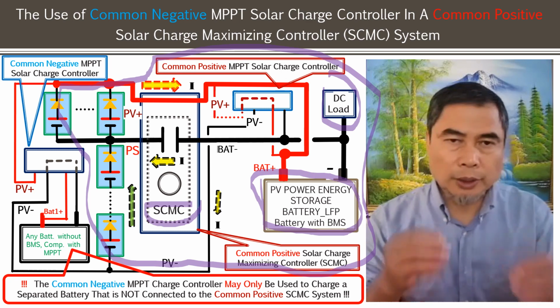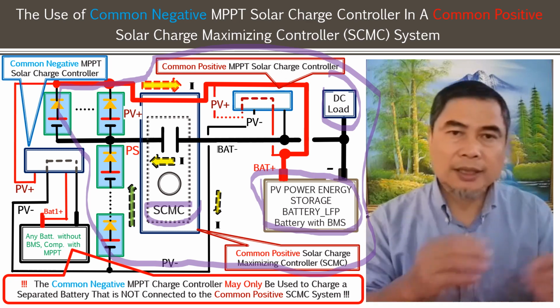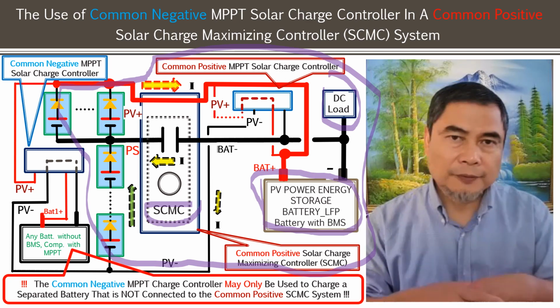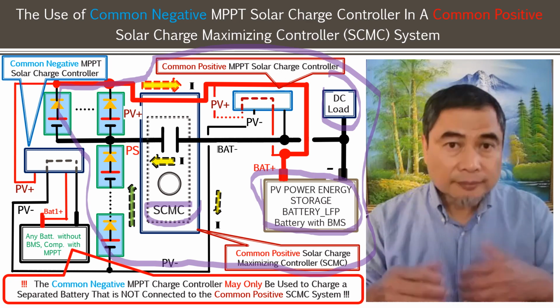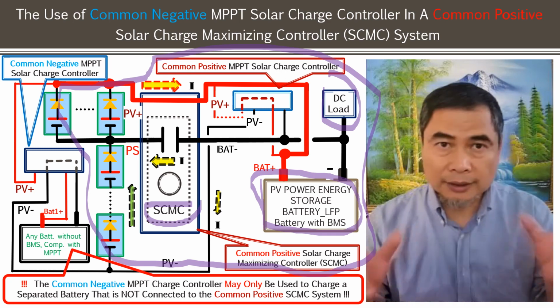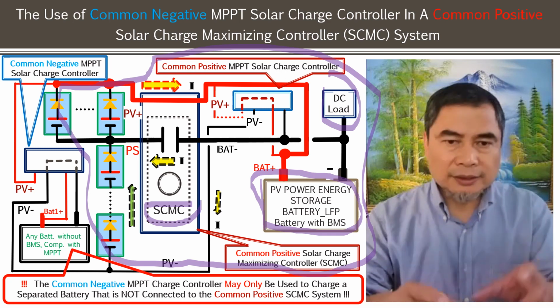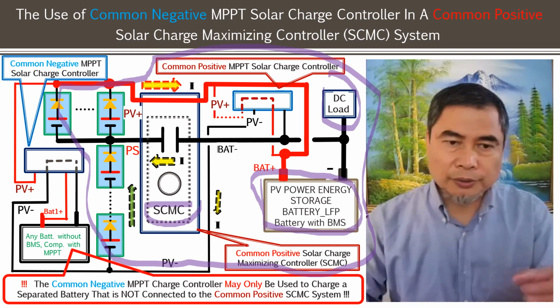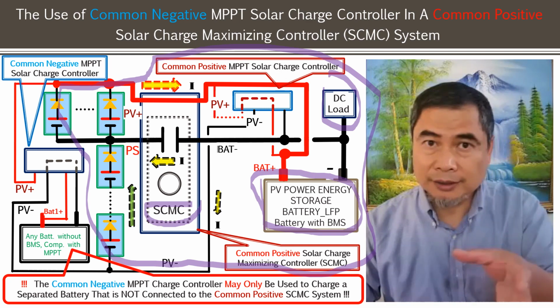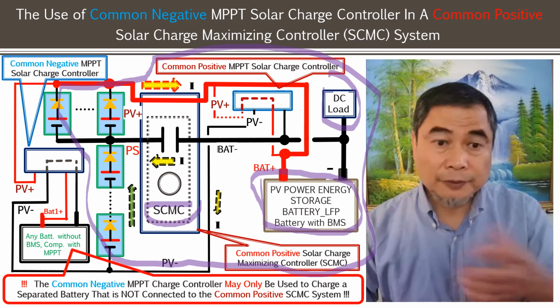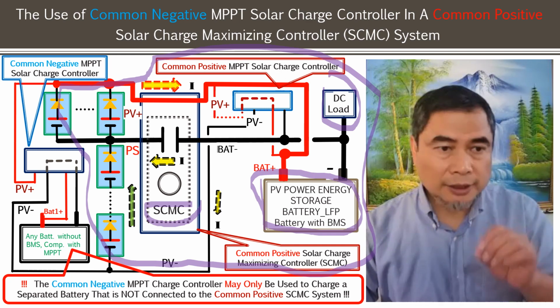Here you want to see the principle, how it works, and how the system is organized and connected, so in the future it's much easier for you to set up the whole system without making a mistake. The diagram is principle only, so we don't show the DC disconnect or the fuse here, just to give you the idea.